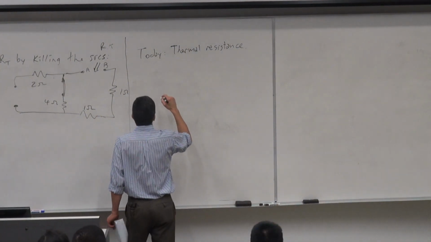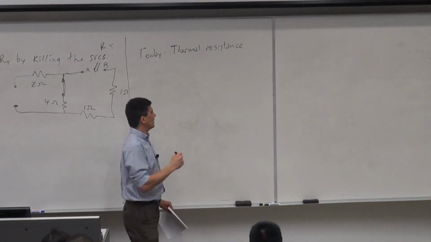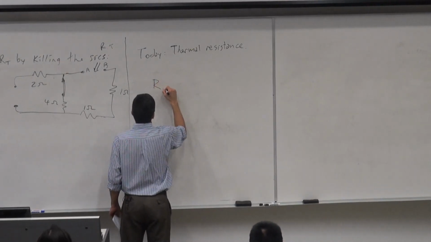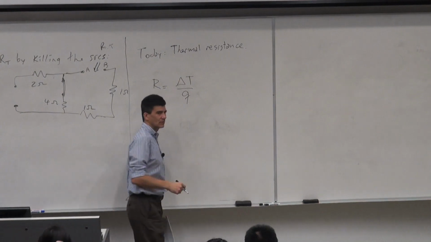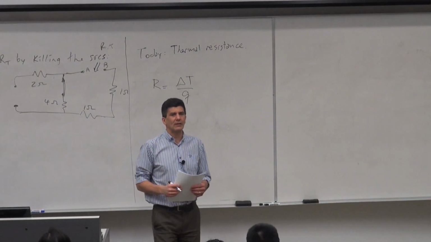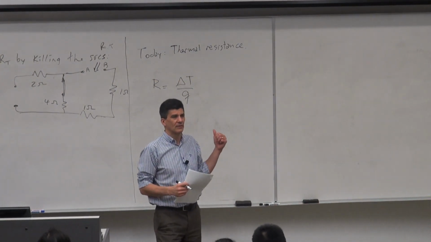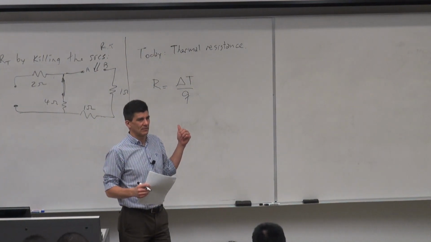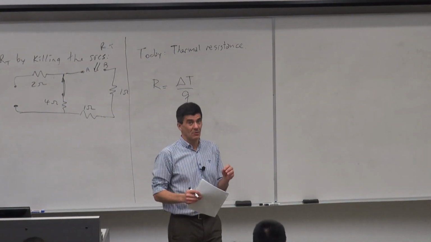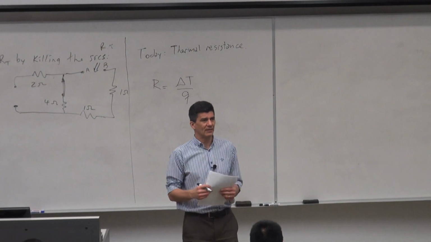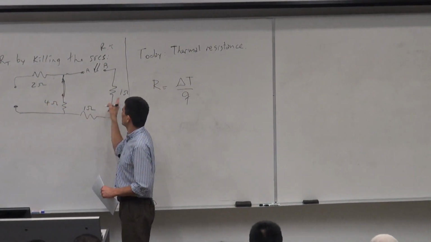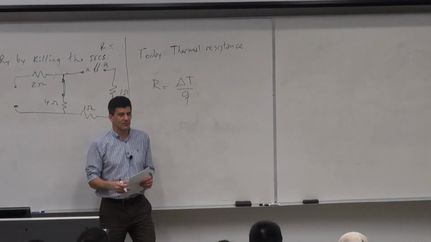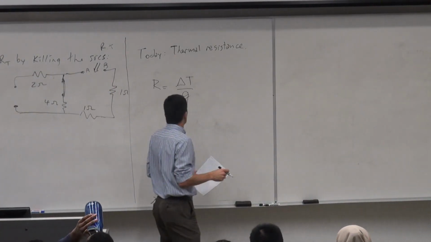And then we apply this concept, and the thermal resistance was defined as delta T over Q. Do I need any sign in there? No, right? Because we just know the way heat flows. That's the same reason they don't put signs on the resistors here or anything like that, right?